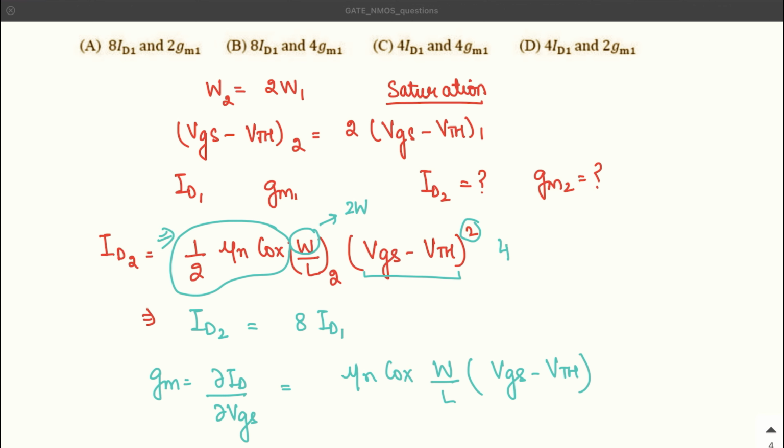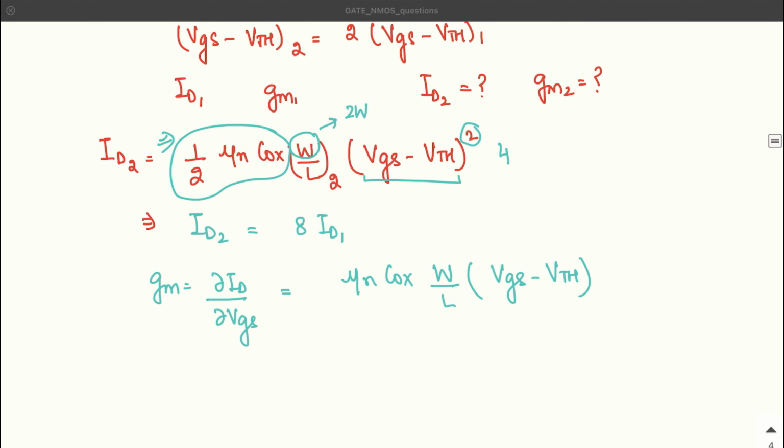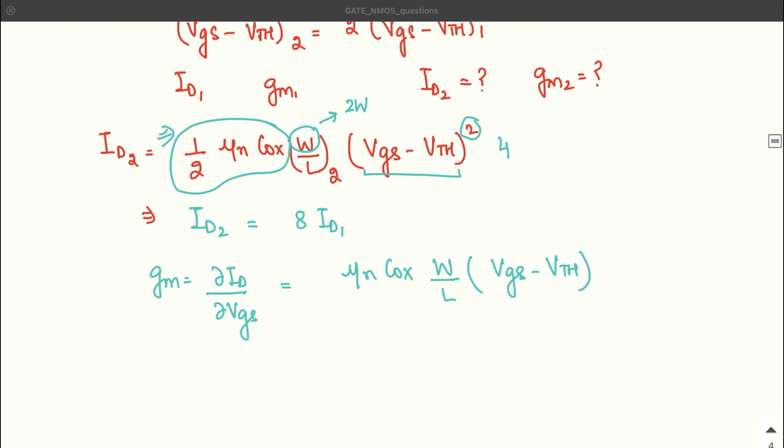Now you just need to take care that you are trying to find these things for the second transistor. Again, I know that the width is twice that of the first one and the effective voltage is also twice. So I'll have 2 into 2, that is 4 times. So GM2 would be 4 times that of GM1.